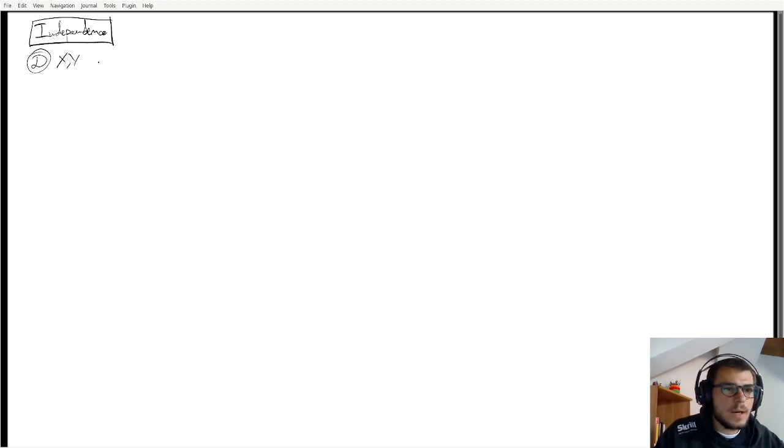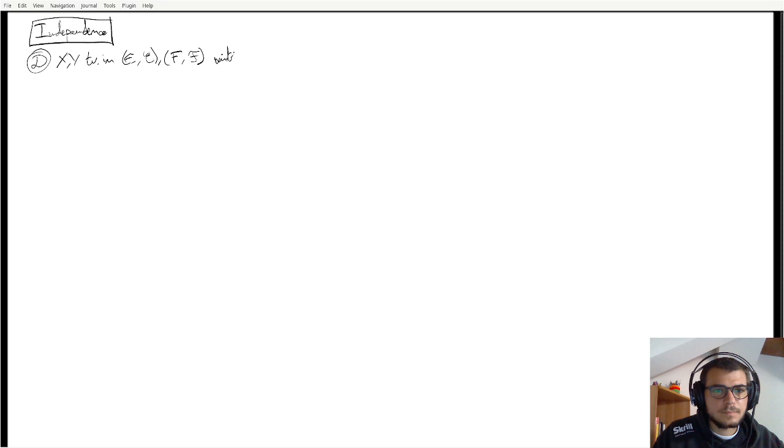Given X and Y, taking values in the measurable spaces E with the sigma algebra script E on it, and F with the sigma algebra script F on it, with mu and nu their distributions.